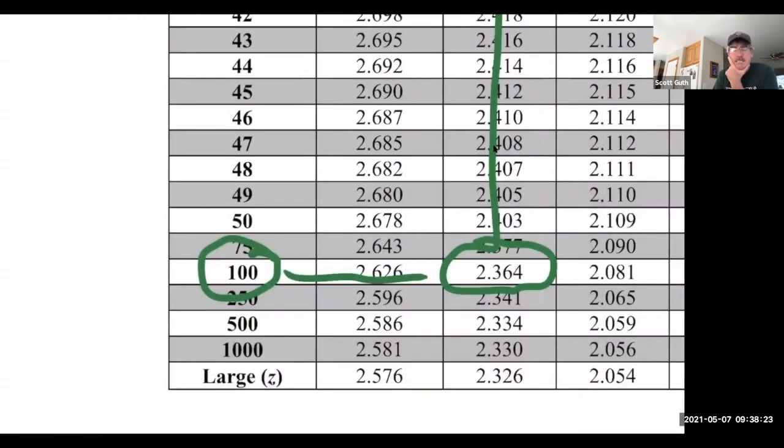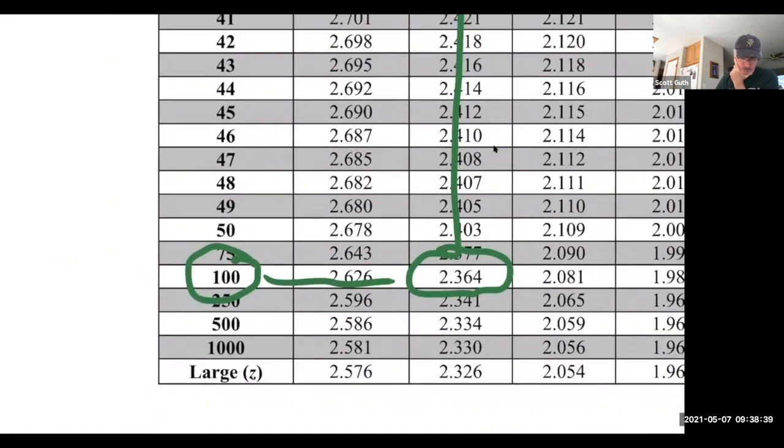So that's what statistical significance means in this problem, 2.364 standard errors. Any questions? And we didn't get that. 2.364 is statistical significance. Any questions?